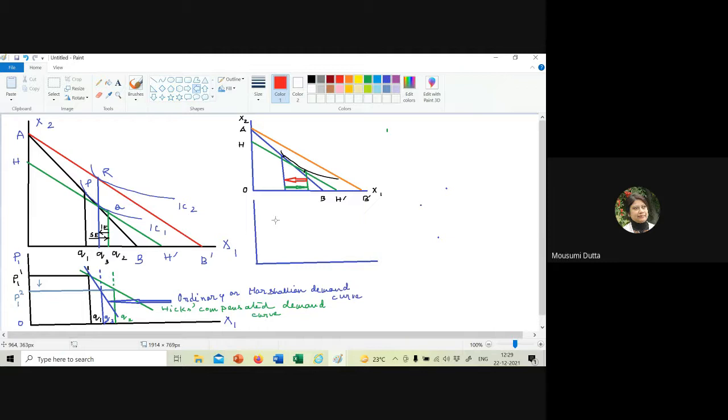The red one will be the income effect, whereas the green one is the substitution effect. This is AC, that is IE.